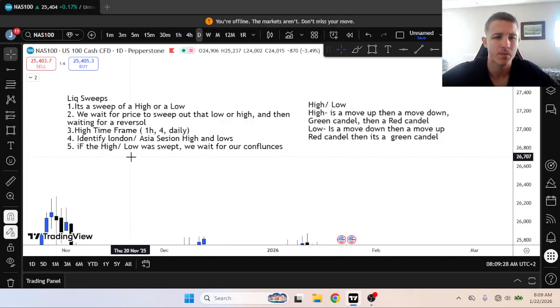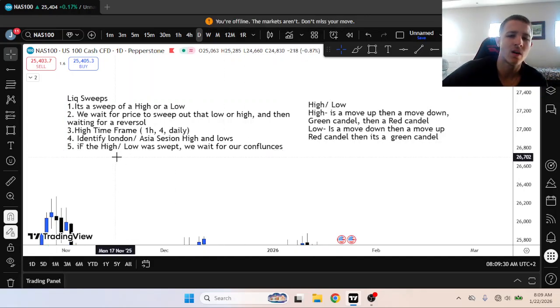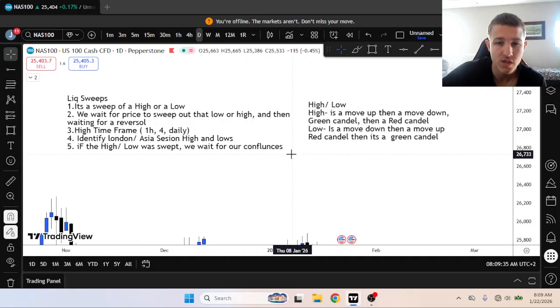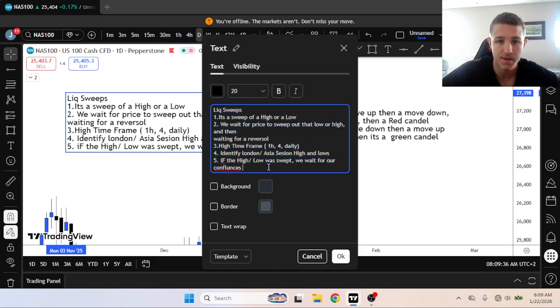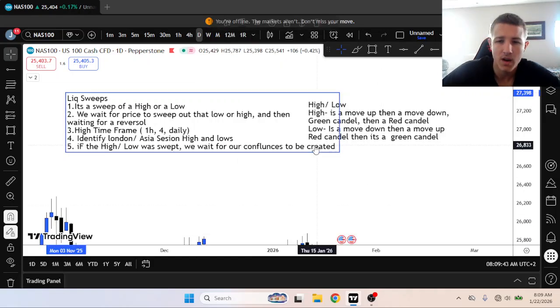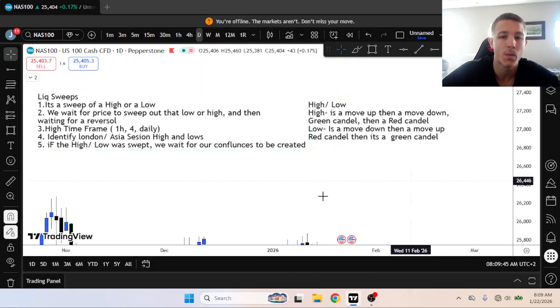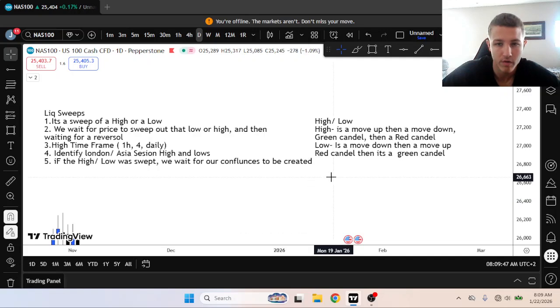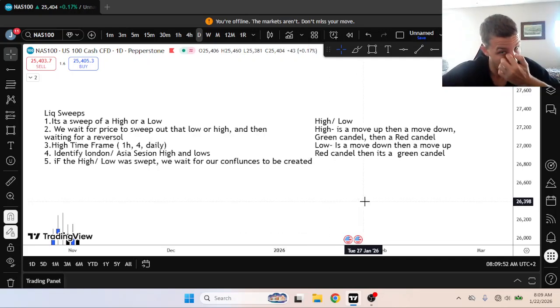After we swept out the high or the low of London or Asian session, we wait for our confluences to be created. And then afterwards, after it's created, we wait for the retracement into our confluences, and then we enter. It's plain and simple.